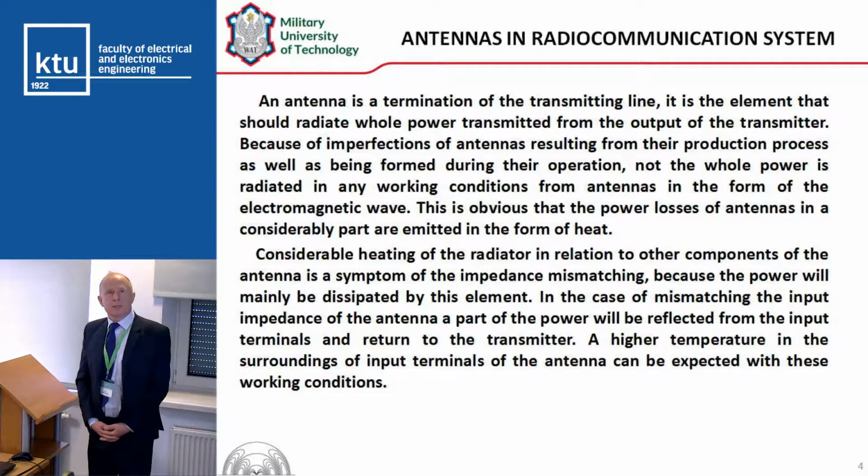It is obvious that the power losses of an antenna are in considerable part emitted in the form of heat. Considerable heating of the radiator in relation to other components of the antenna is a symptom of impedance mismatching, because the power will mainly be dissipated by this element.